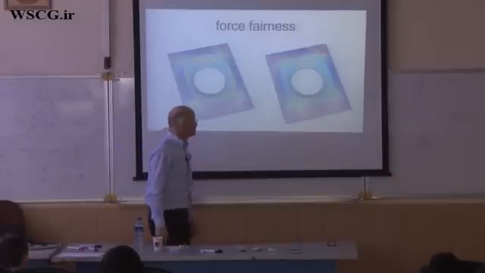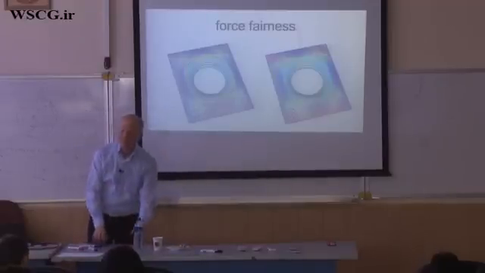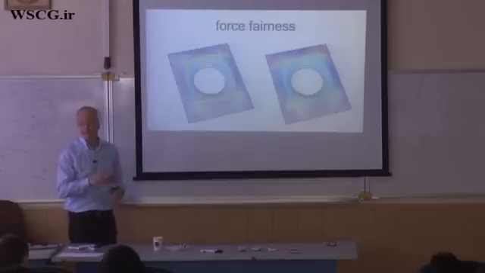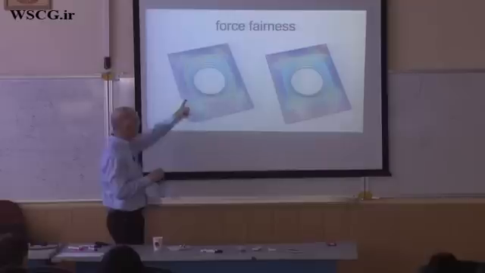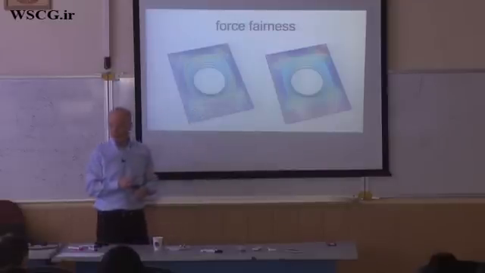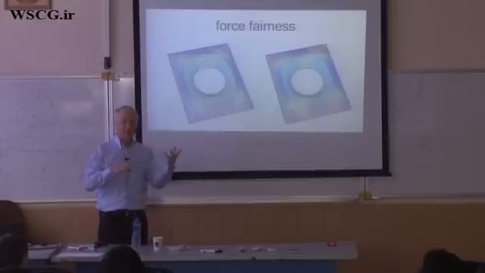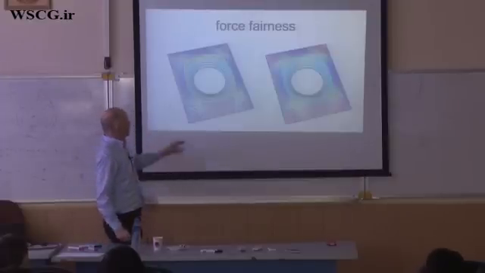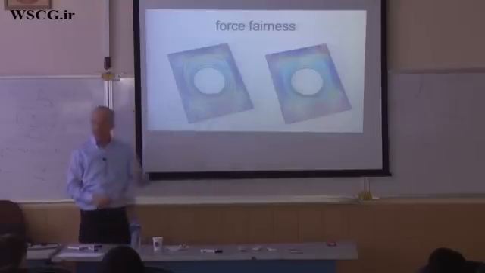Another interesting thing for the engineers is we can even think of force fairness. Force fairness, I mean the following. This color coding is here the magnitude of force, and we do not want abrupt changes of forces in the bars. So here these are abrupt changes. You see I have blue, red, blue, and green, so this is abrupt changes.